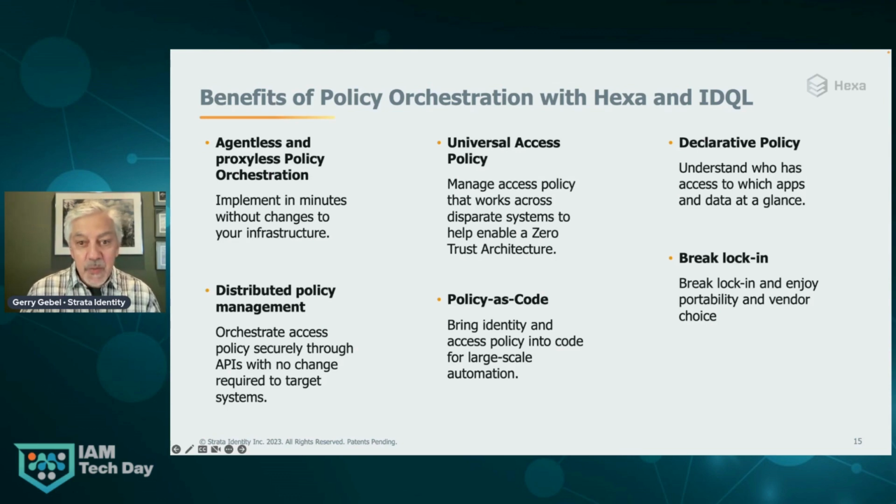You can now work with a universal policy format. I don't know how to write Rego code. I don't know how to write GCP policies, but I can use IDQL and HEXA to operate in a policy as code model. You can make this part of your CI/CD pipelines and ultimately break some of that vendor lock-in, because now I can more easily move workloads from one environment to another.